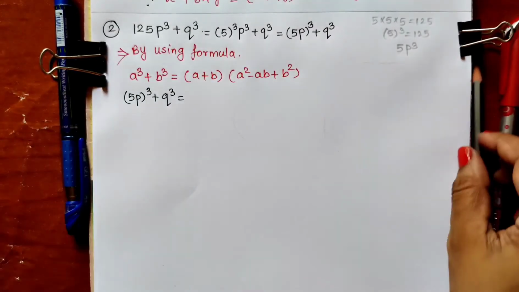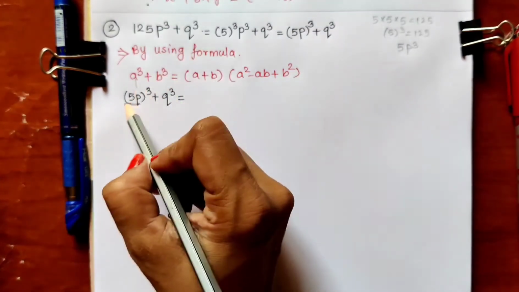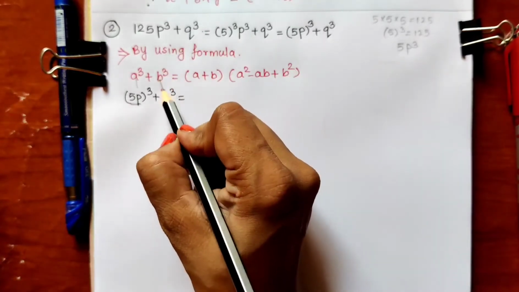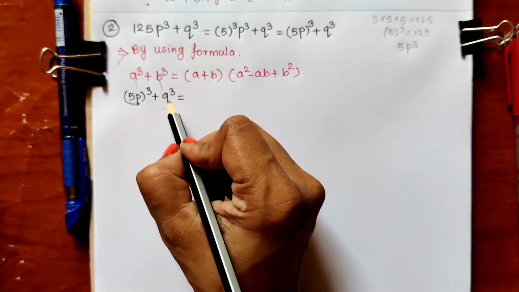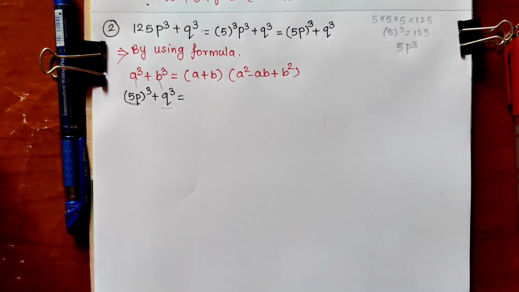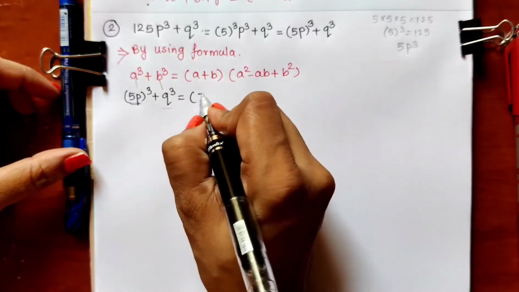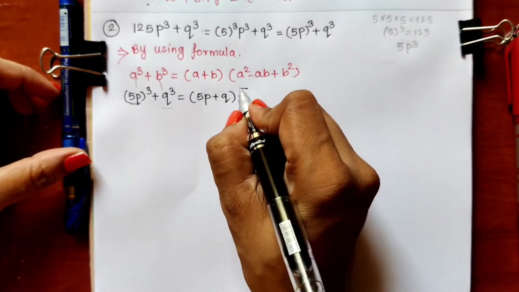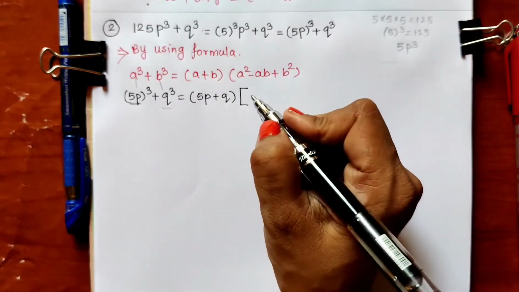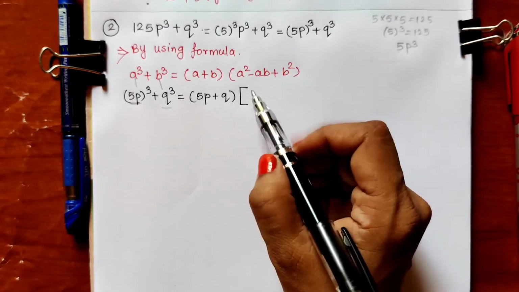Now as you can observe here, our a is this total 5p, and b is q. So in place of a we write 5p, and in place of b we write q in the answer. So a plus b means 5p plus q. In the second bracket, as we have to solve it, I will write all these terms in the square bracket.